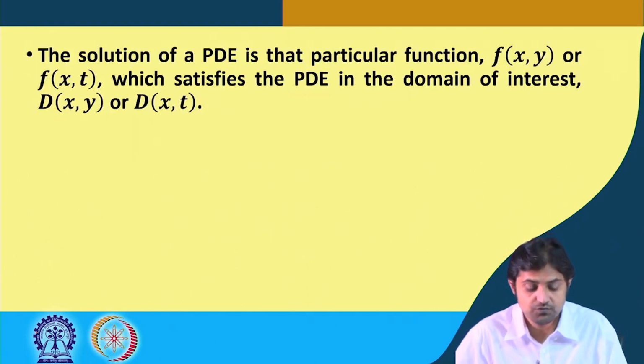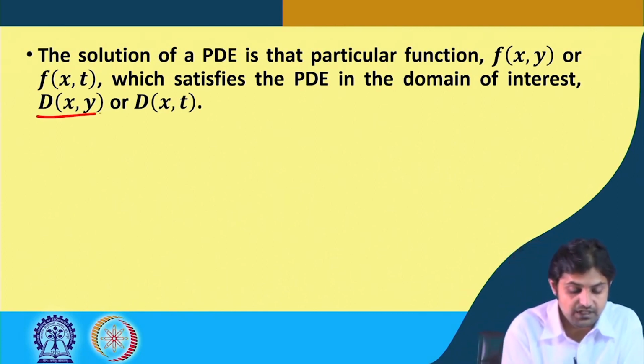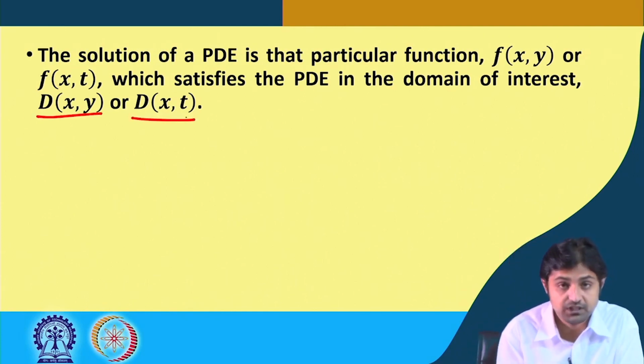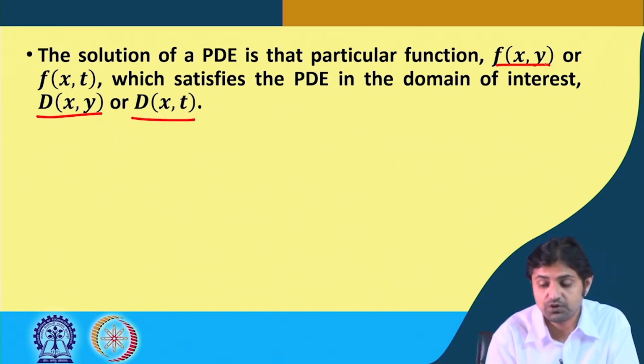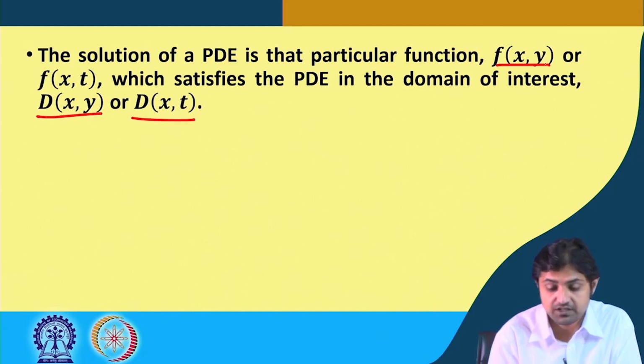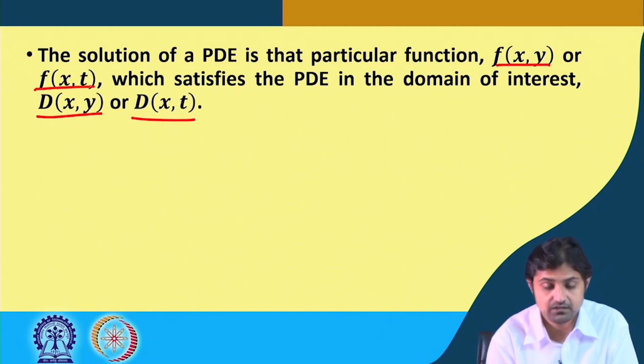The solution of the partial differential equation is that particular function f of x, y or f of x, t which satisfies the partial differential equation in the domain of interest. The domain is given by D of x, y or D of x, t. f of x, y is when the function depends only on x and y, and f of x, t when it depends only on x and t. All right.